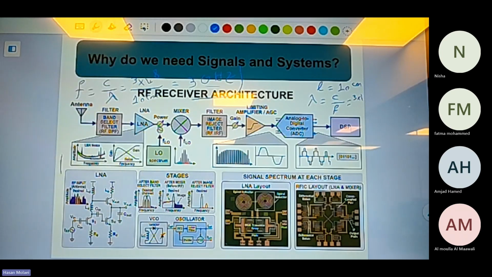Which means one antenna with a length of 10 centimeters could get frequencies in the range of gigahertz.